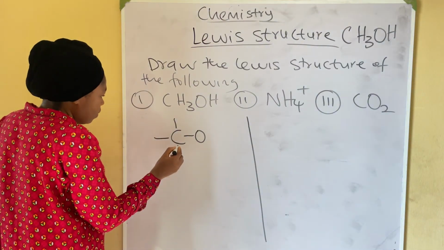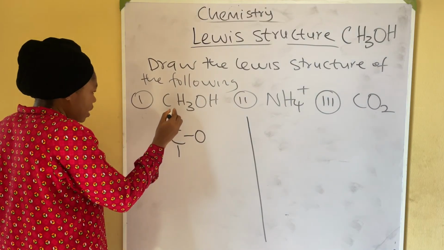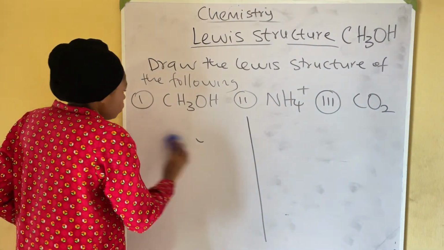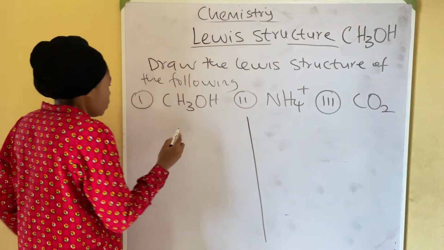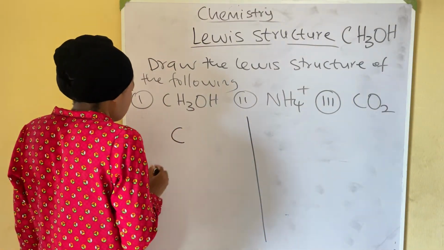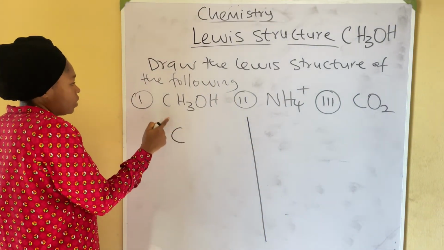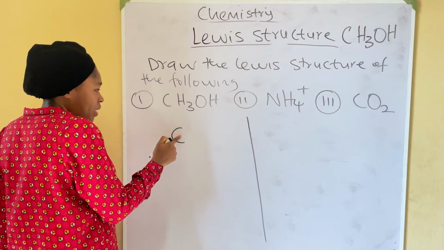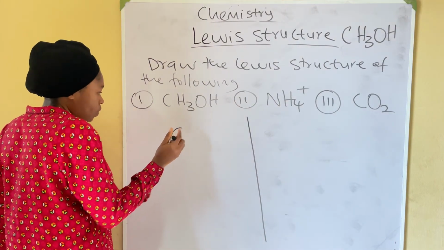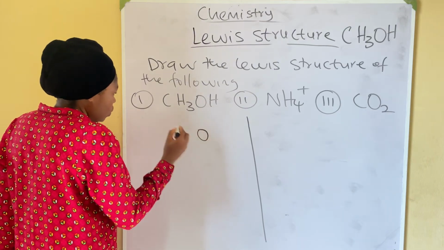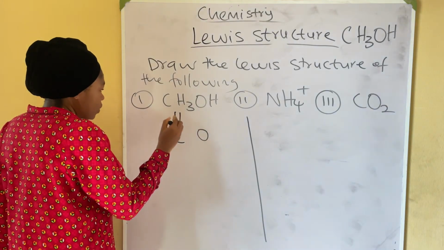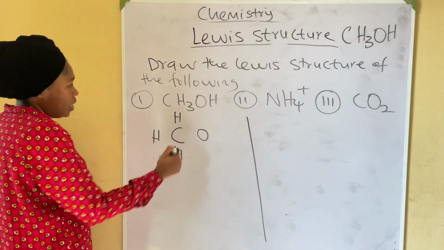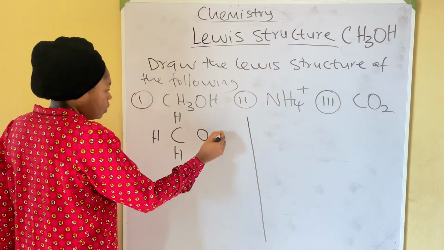So I have 3 hydrogens on the carbon, the oxygen attached, and the other hydrogen on the oxygen. This is the skeleton.